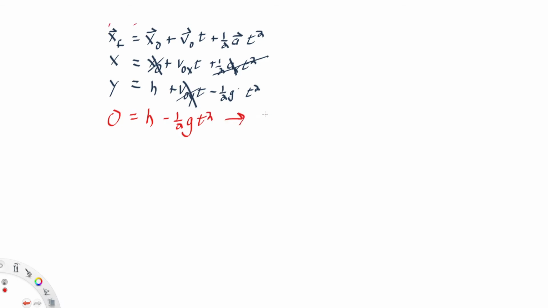This tells us that t is going to be equal to the square root of 2h over g. Once we have that, we can go to the x direction. X equals initial velocity times time, which we have an expression for.